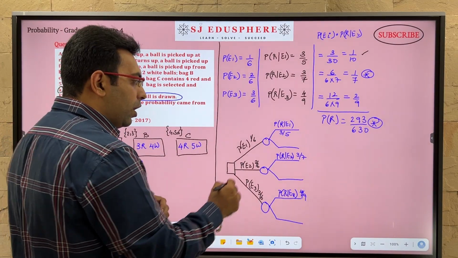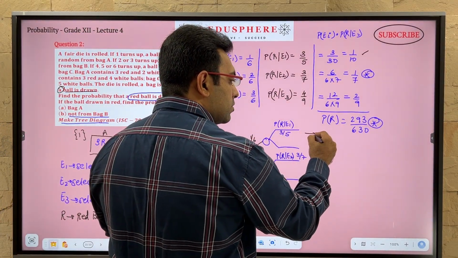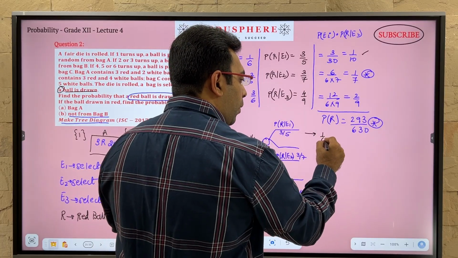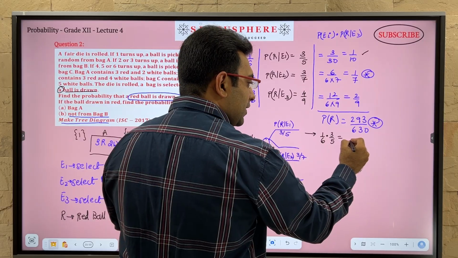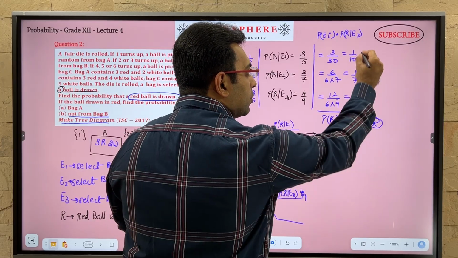Now I go ahead to multiply these values. So I have 1 by 6 into 3 by 5, which is giving me over here 1 by 10, your first answer.